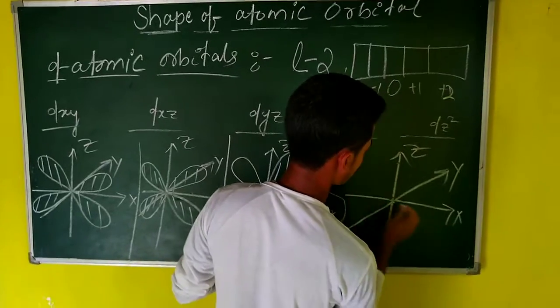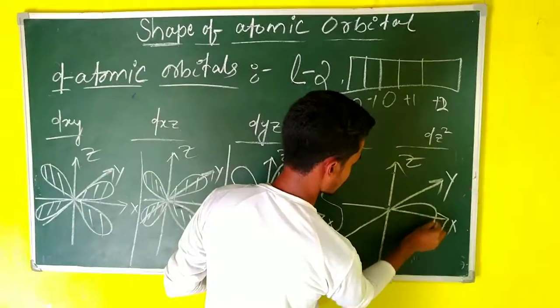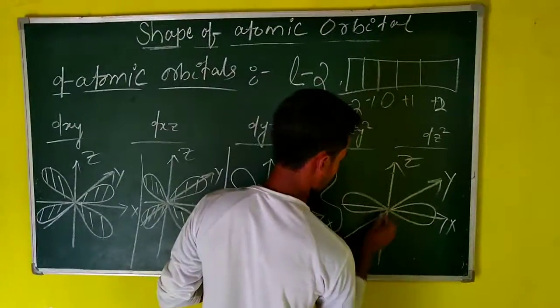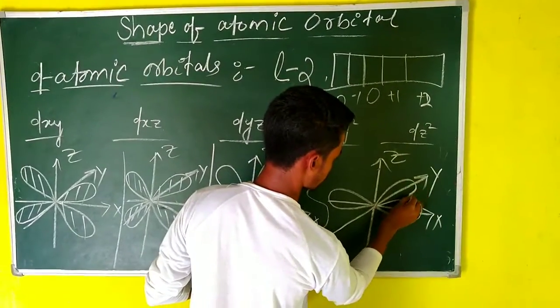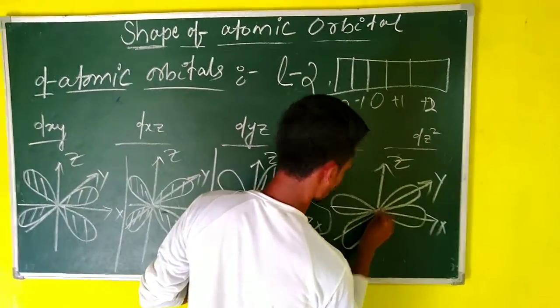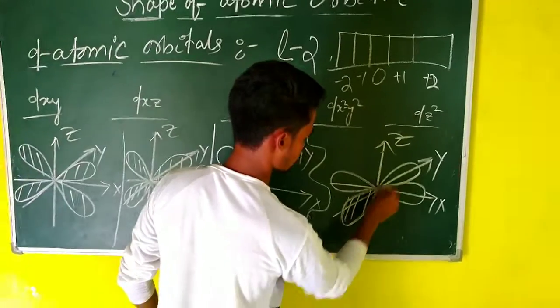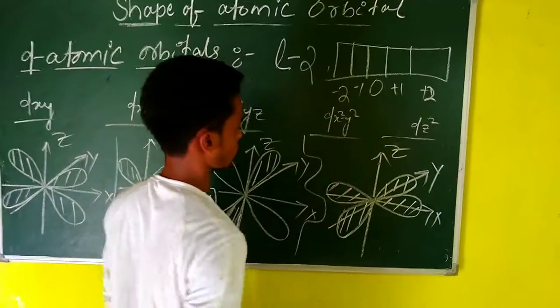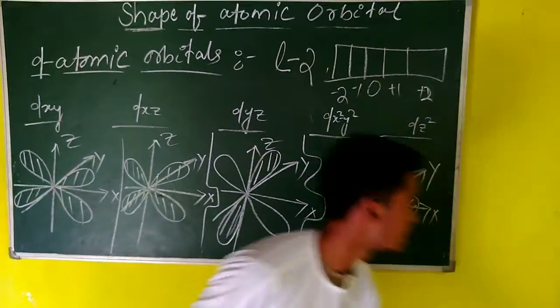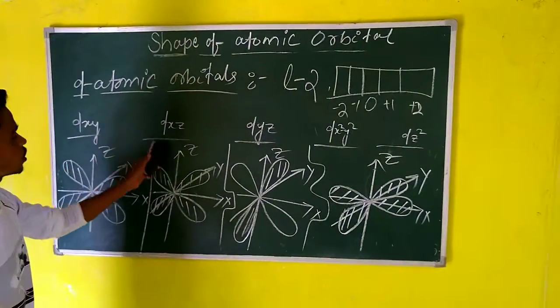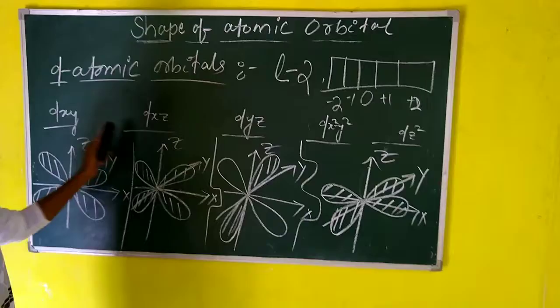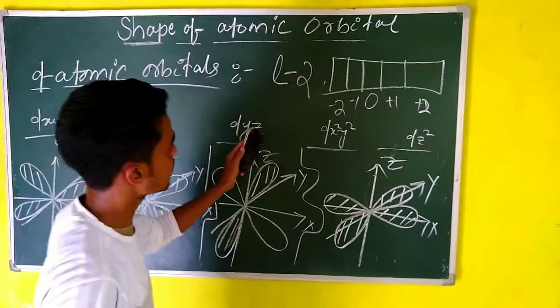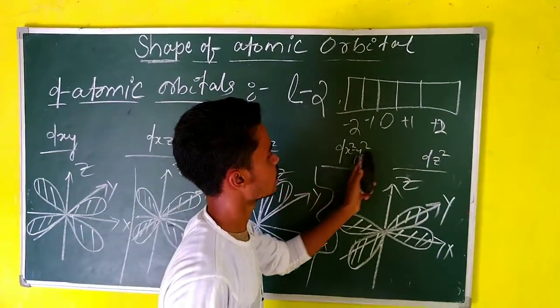First the x axis, then the y axis. Students, these are the shapes of 4 orbitals: dxy, dxz, dyz and dx square minus y square.